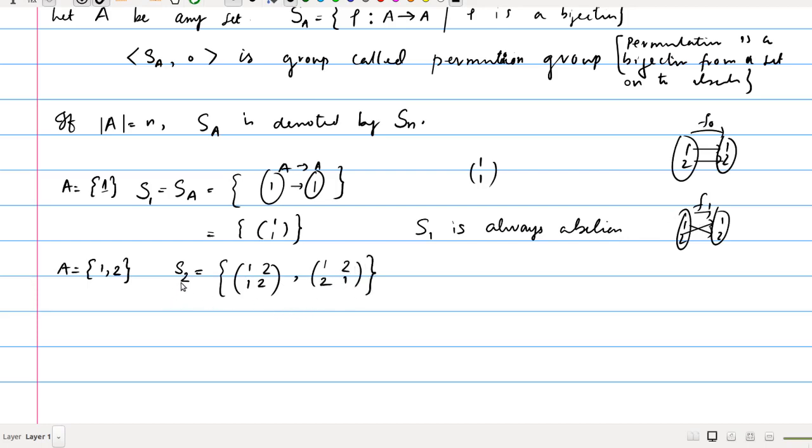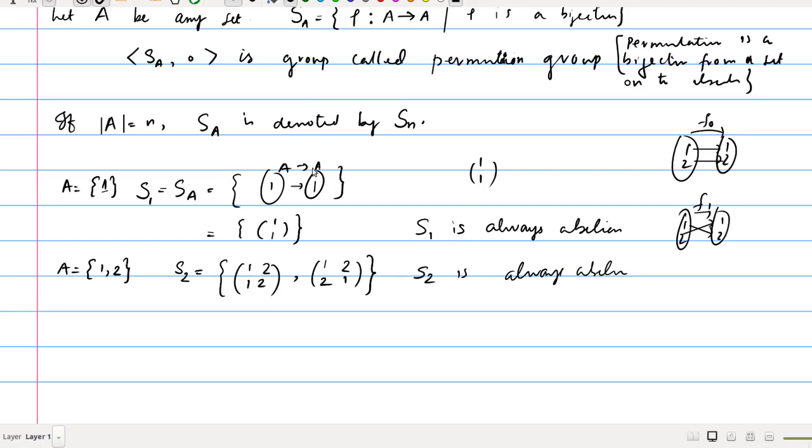Okay, so this is an example of another group with permutation composition or function composition, and this contains only 2 elements. Therefore, if you write the group table of this, you can easily see that this group is abelian as well. So S2 is always abelian, and we have seen that S3 is not abelian.